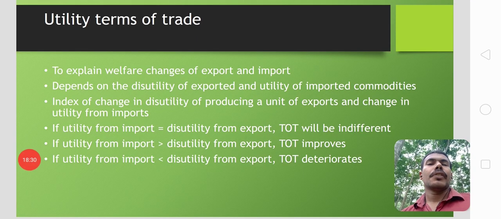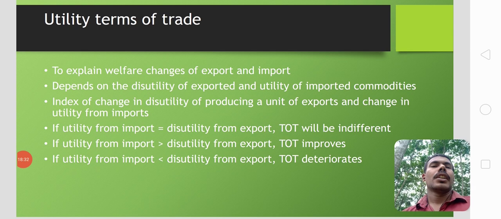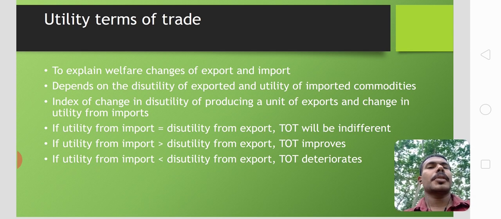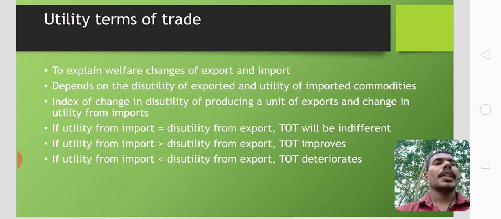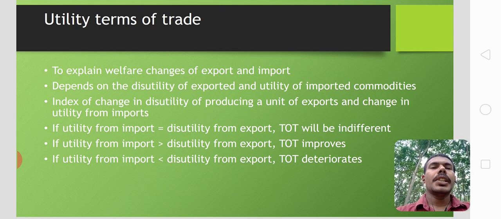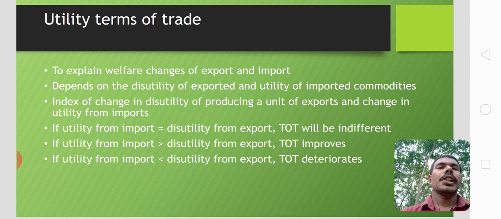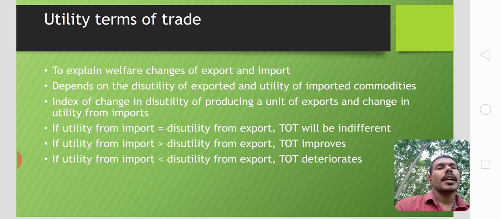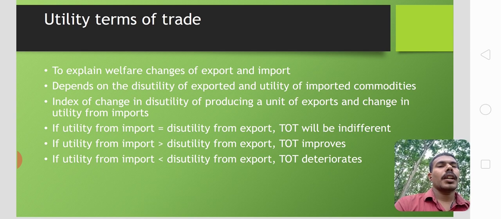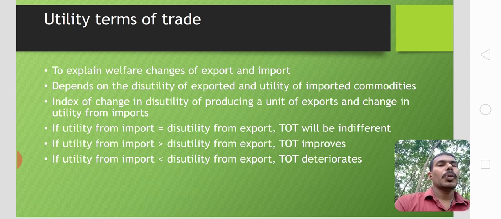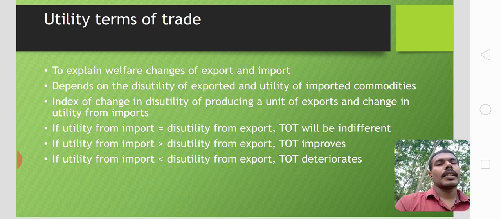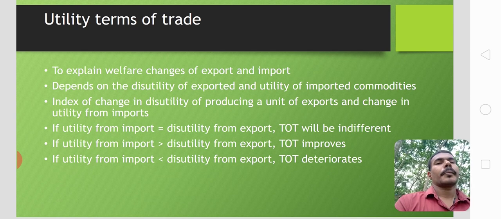Finally, the fifth in the list of types of terms of trade is utility terms of trade. This is to explain the welfare changes of export and import of a nation. So it depends on the disutility of exported commodity and utility of imported commodity. Why do we call it the disutility of export and utility of import? Export is a kind of giving, and import is a kind of receiving the commodity, not income.